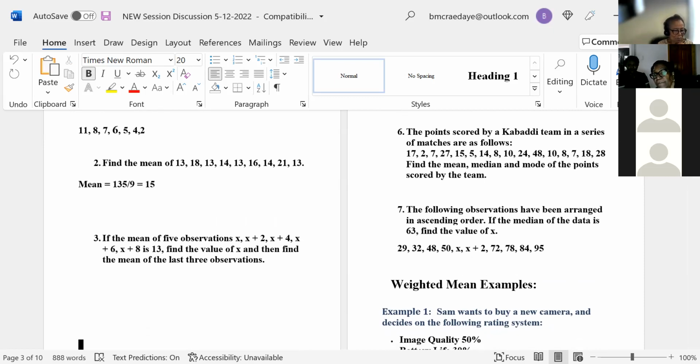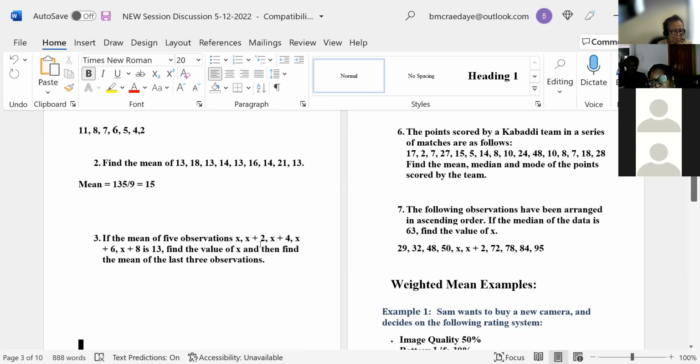If the mean of 5 observations is X, X plus 2, X plus 4, X plus 6, X plus 8 is 13.